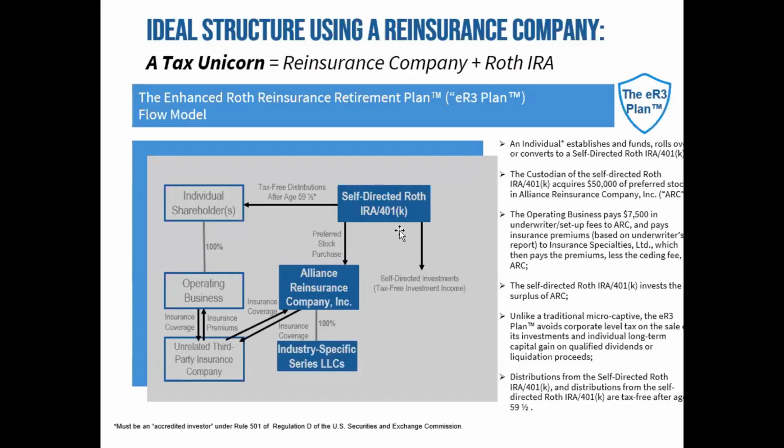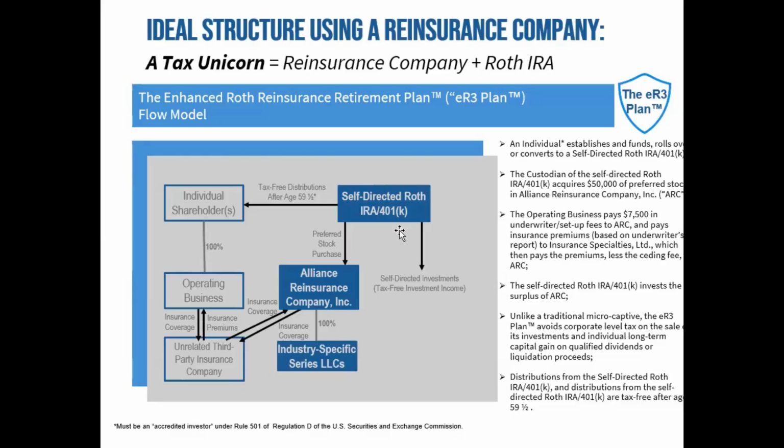We still follow a lot of the same rules because we want to make sure our clients are protected from audit, but we don't have the restrictions as far as capitalization. We don't have the ownership structure requirements, because in an 831B, the ownership structure of the private insurance company has to mimic the ownership structure of the main operating company. In an 831A, we don't have that requirement.